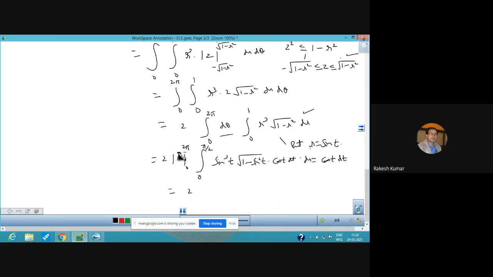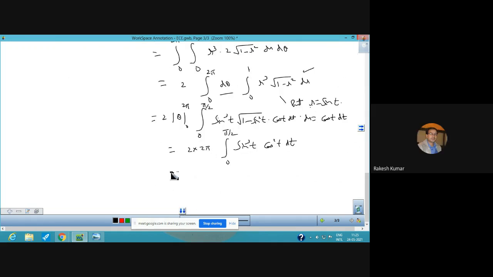So that is 2 into 2 pi from here for the upper limit, and 0 to pi by 2 of sine cube t. Here we have under root of 1 minus sine square. 1 minus sine square is cos square, and the square root will give you cos. So cos into cos will give you cos square t dt.